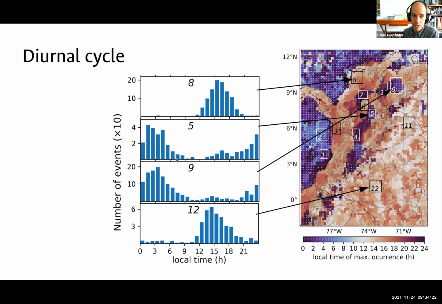In the Maracaibo Lake, it's very similar, peaking 3-4 a.m. maybe. And then here in the Amazon basin, we have daytime convection in the afternoon, but notice that it's also kind of earlier than what happens to the west of the Andes. So there's also kind of a jump in the timing of convection along the eastern branch of the Andes. So it's slightly earlier here than west of the mountains.